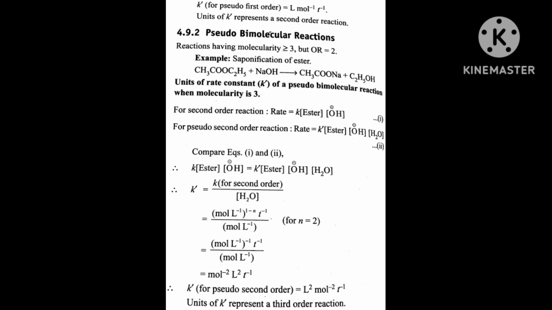At 30 minutes, concentration became 0.8004, which means it is decreasing. At 60 minutes, it decreased to 0.7538, and at 90 minutes, it decreased further to 0.7096. So at different times, different concentrations of methyl acetate are given.